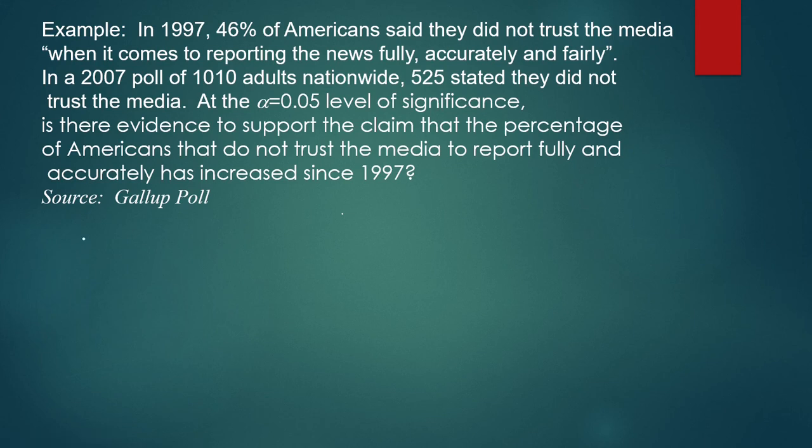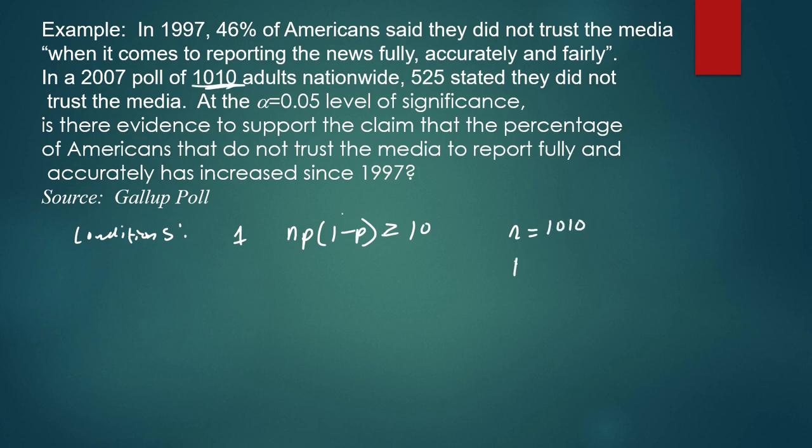We are going to start the problem by looking at our conditions. Condition 1, we need to make sure that n times p times 1 minus p is at least 10. n is the sample size. I have a sample of 1,010 adults. And p is the population proportion, and we're assuming the population proportion is 0.46.